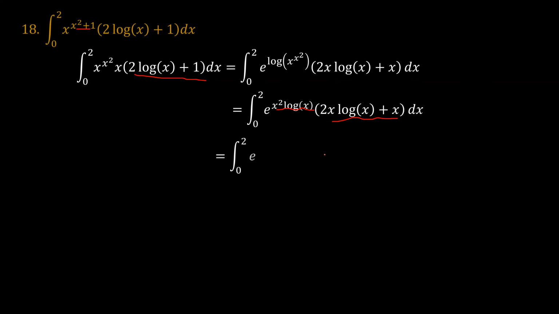And that means that, because if we see here, x squared times 1 over x is the same as the derivative of log x times x squared.